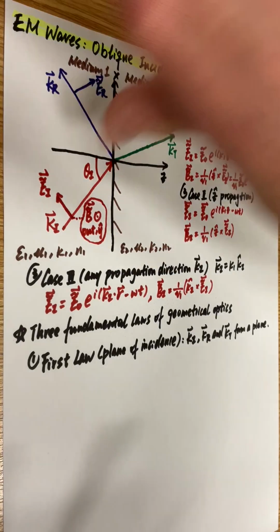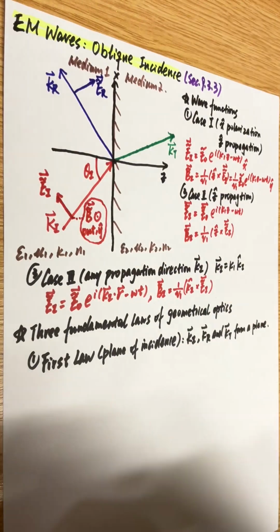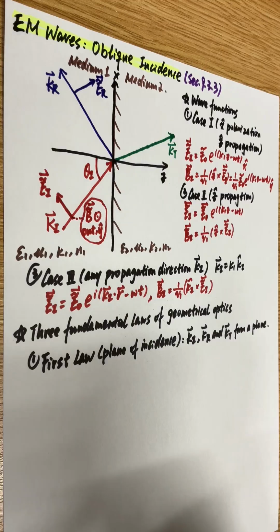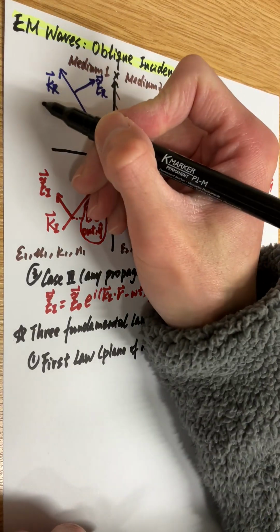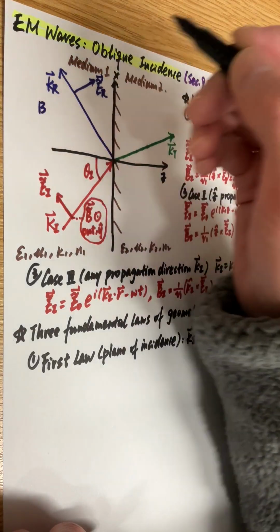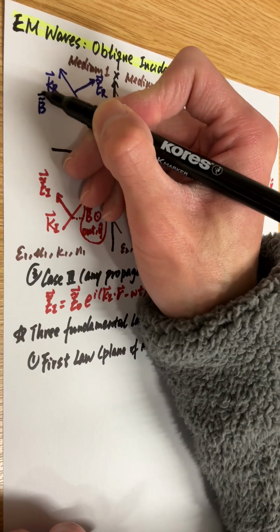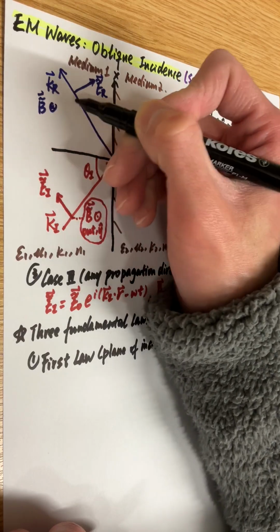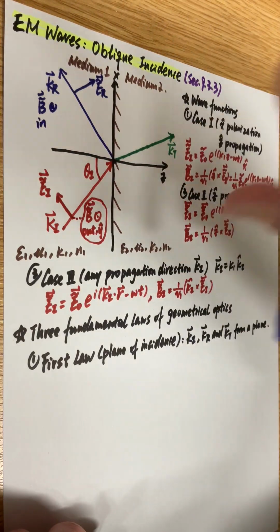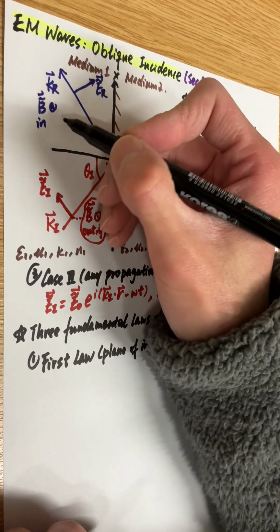So the magnetic field is pointing into the plane, which is the minus y direction.